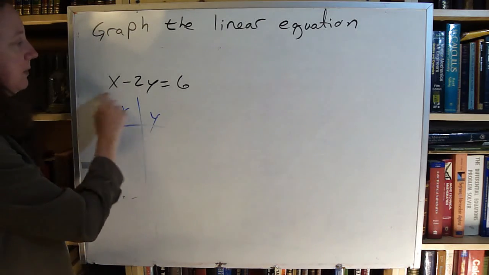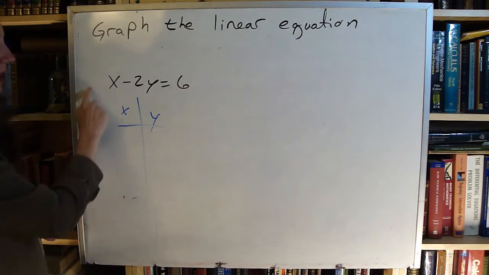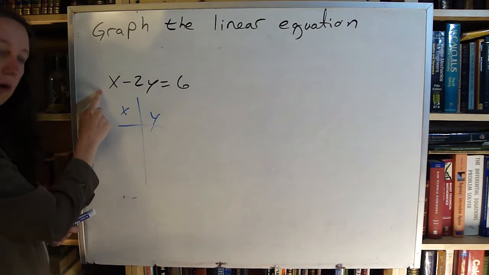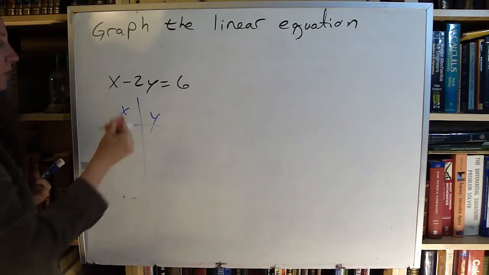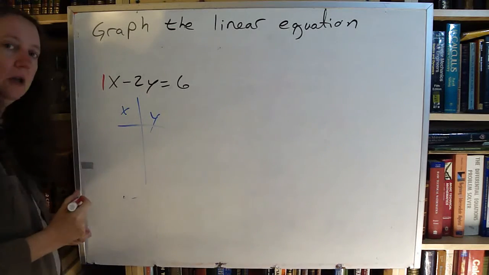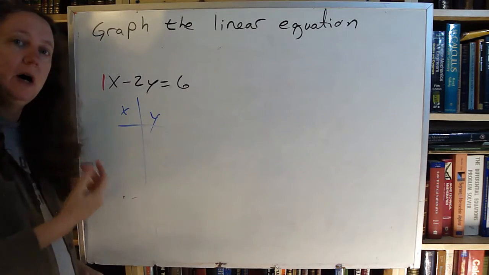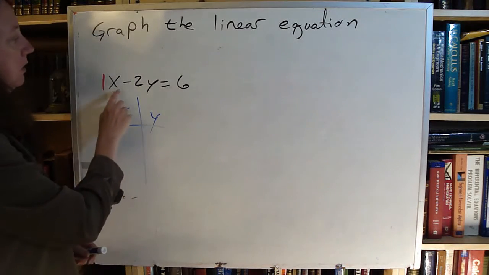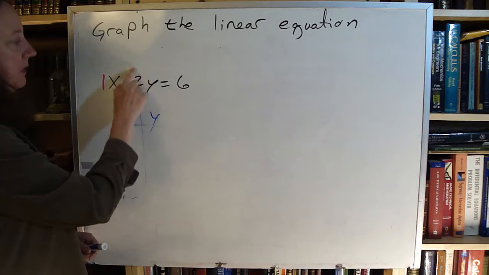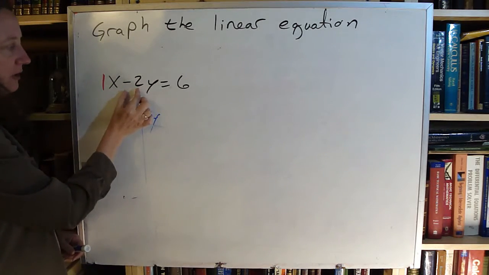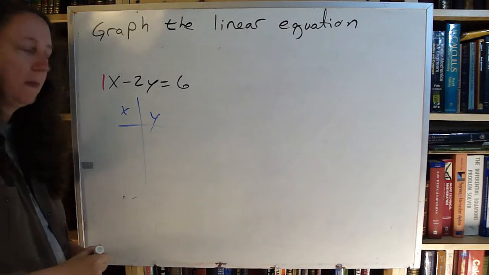So in this example here, I look at my x and I look at my coefficient of my x. There is no coefficient there, so it's understood to be 1. And furthermore, it's a positive 1. Looking at my y, looking at the negative 2y, my coefficient is negative 2.